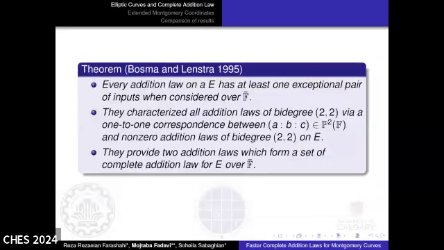But the question that arises here is whether we have any complete addition laws for elliptic curves. Well, Bosma and Lenstra in 1995 answered this question. They showed that over the algebraic closure of F, there are no complete addition laws. They provided a set of addition laws for elliptic curves that consists of 2 additions that can compute the addition of every 2 points.